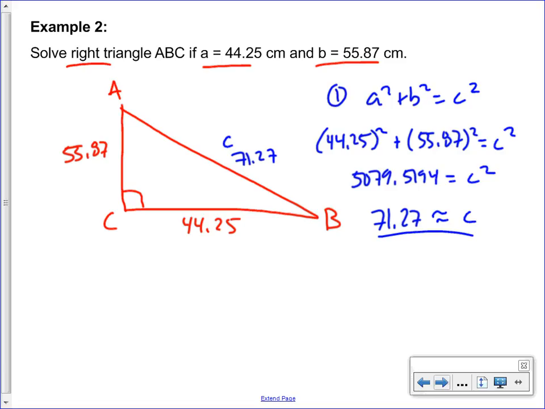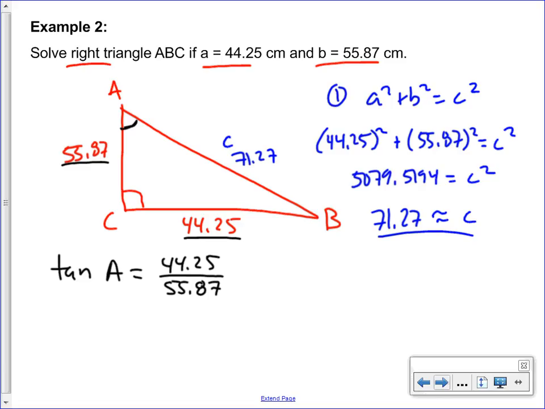I like to do these in alphabetical order, so the next thing I'm going to find is angle A. Now, notice that for angle A, we're given A and B. So if I use tangent, because it's opposite over adjacent, the tan of A is going to be 44.25 over 55.87.